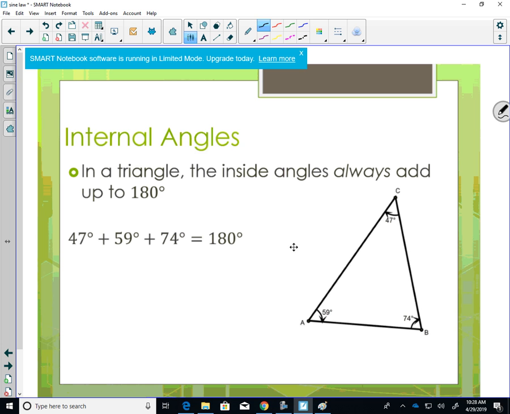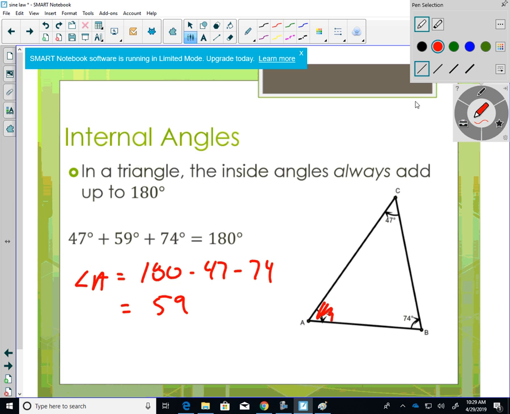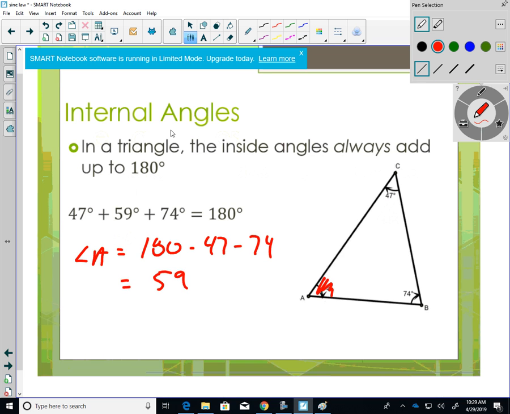So if you don't have one angle, how do I find angle A here? Angle A would be 180 minus 47 minus 74. Angle A is 59. So that is a step you will likely have to do. Subtract from 180.